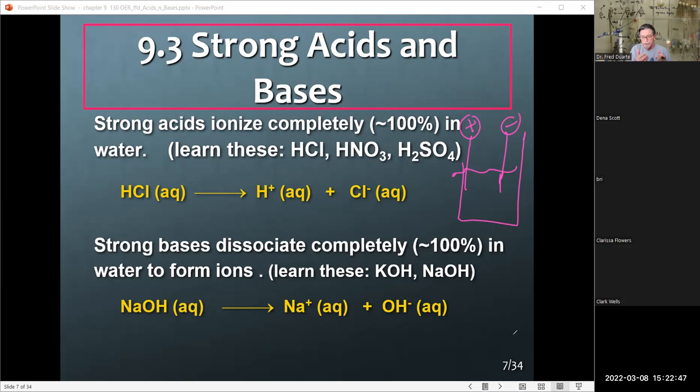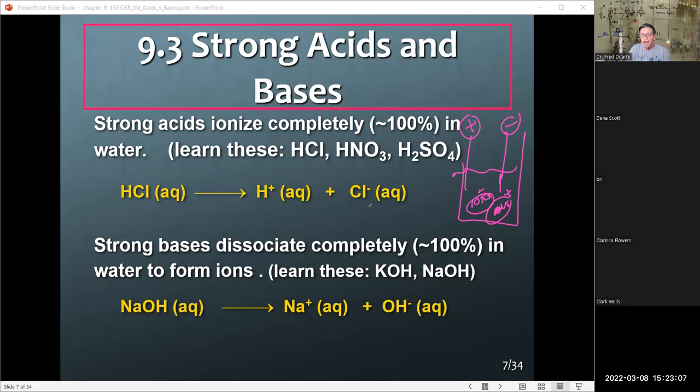There's no charge. The moment I put ions in here, both positive and negative ions, now I have a means for that current to go from point A to point B, and it becomes a conductor.